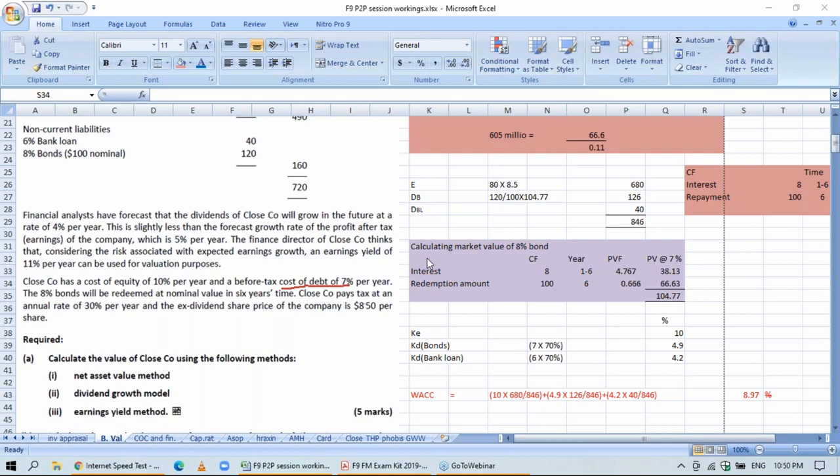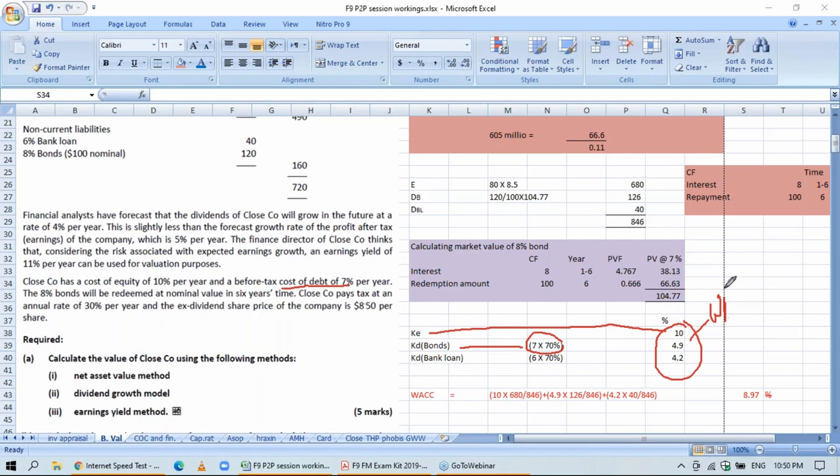So this is how I got 104.77, and now after that the cost of equity is 10%, cost of debt now. Over here we are calculating WACC.